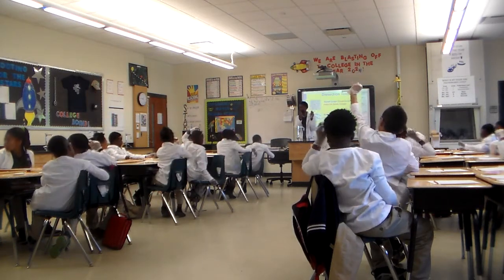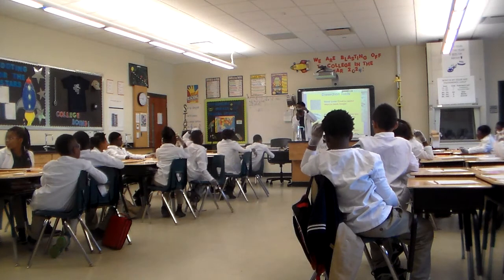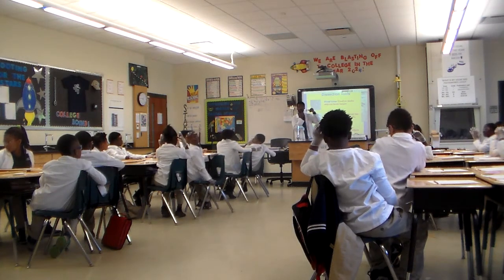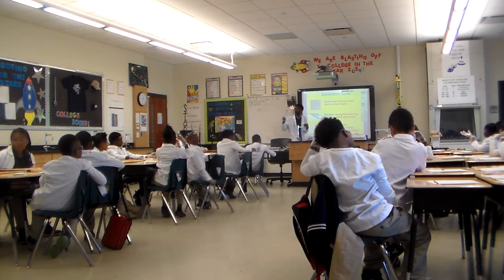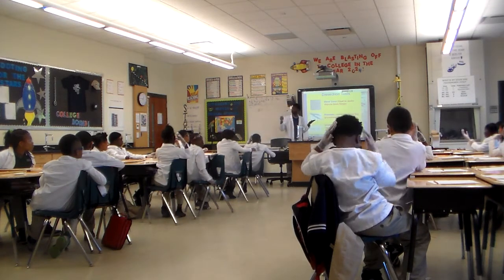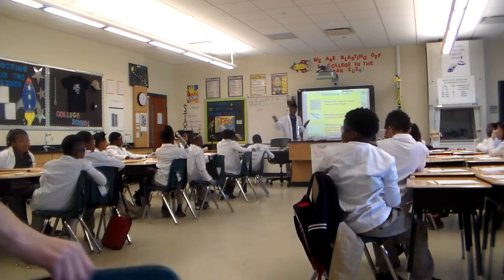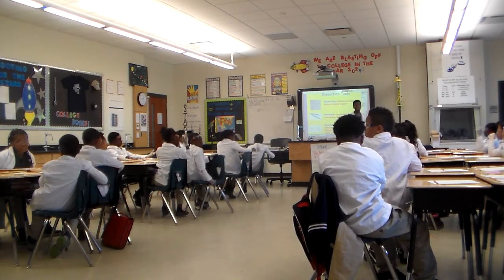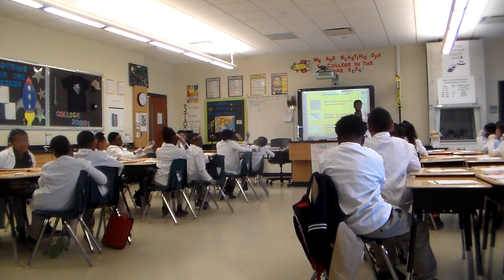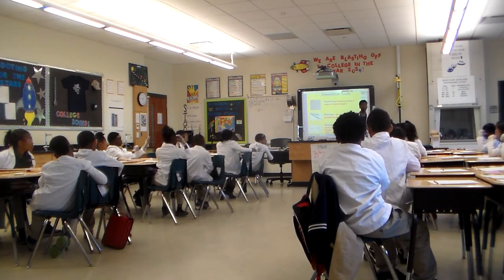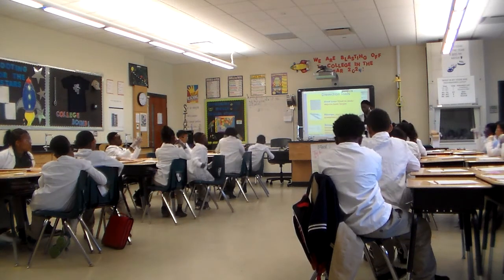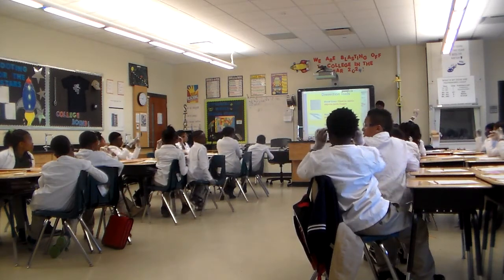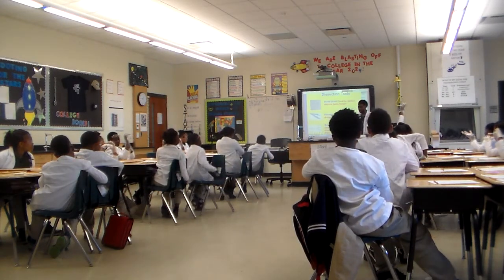To look closely at small parts of objects, right? And he formulated his own definition with that, and it was a pretty good one. Everybody say great job, Adam. Great job, Adam!